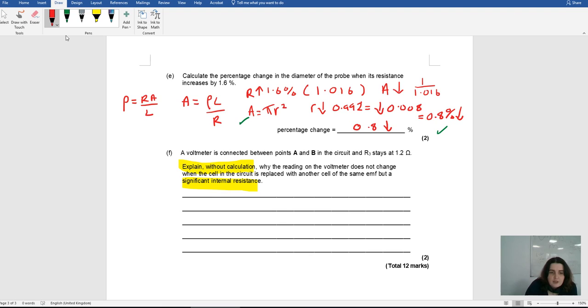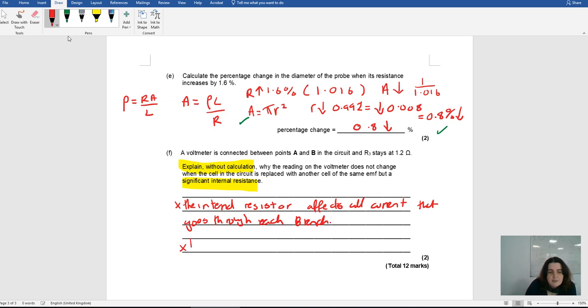Okay, so the internal resistor affects all of the current that goes through each branch.